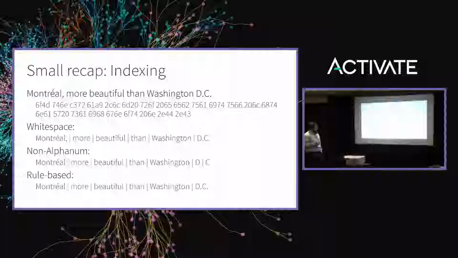You may split on every non-alphanumerical character. That's another idea. You get rid of the punctuation, but for Washington, D.C., semantically, this is one word. Now you split it up into D and C, and those are tokens that are not very valuable in search because they are single letters.